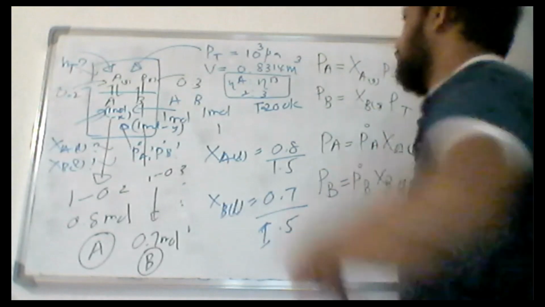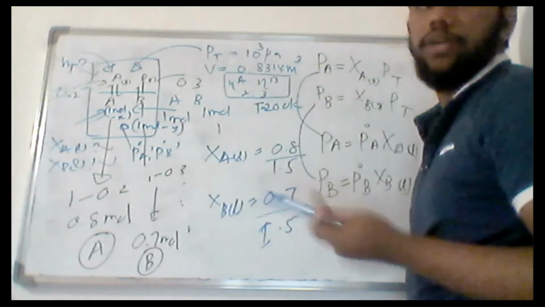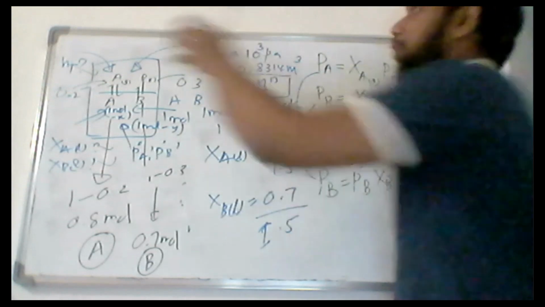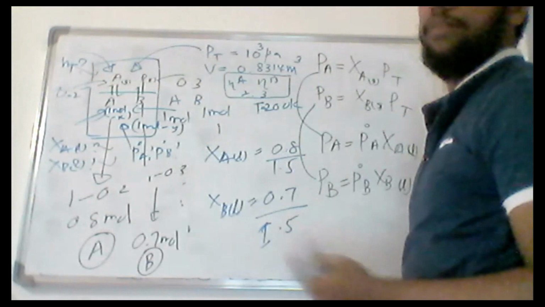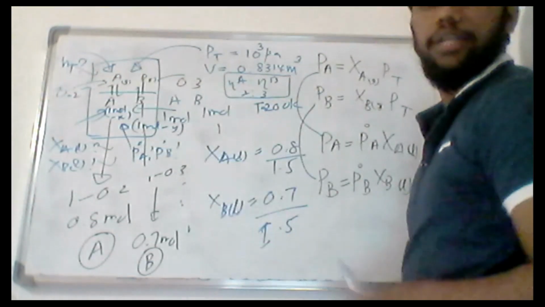And these two are the same because the saturated vapor pressure cannot be changed, right? The only thing is we use Dalton's law here to calculate the vapor pressure, and here we use Raoult's law to calculate the vapor pressure. That is the only difference.